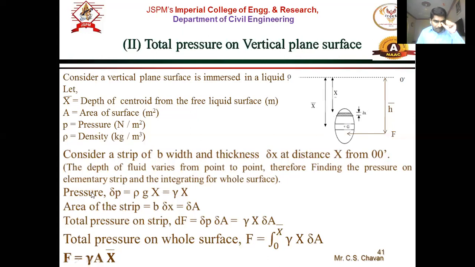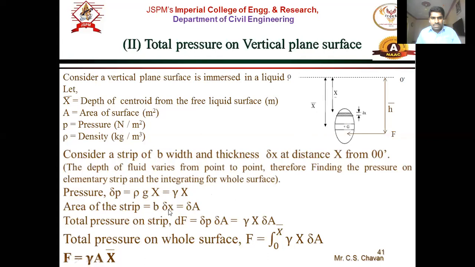So what is the pressure for this particular strip? The pressure will be delta P equal to rho g x, right? It is at depth x, so it is rho g x, or gamma into x. Now the area of the strip is B into delta x, that is delta A. So the width is B for this strip and the thickness is delta x.